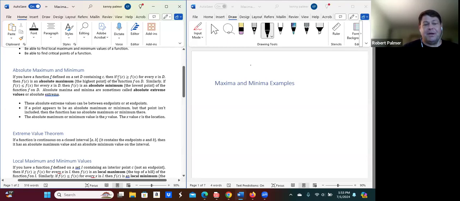Then if the y value for that C is bigger than the y value for every other x in that domain, that set of numbers, that y value is called the absolute maximum. That's the highest point of the function. And similarly, if the y value that goes with C is less than every other y value, that's the absolute minimum.